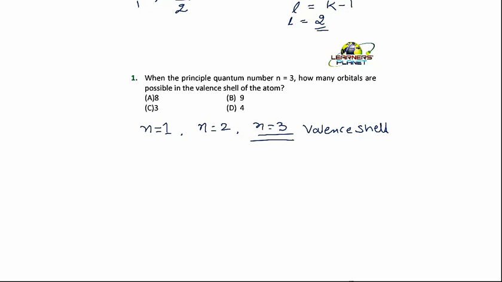Now this would be the valence shell. For n is equal to 3, how many k values can be there? K can have the values 1 to n, that is, k will have 1, 2 and 3. So 3 orbits are possible.